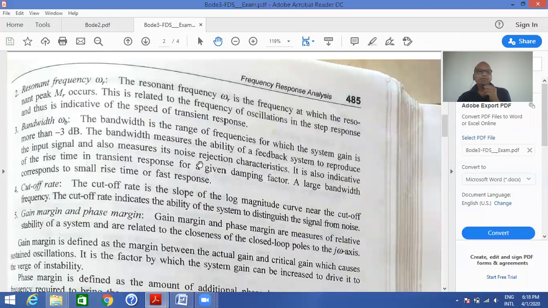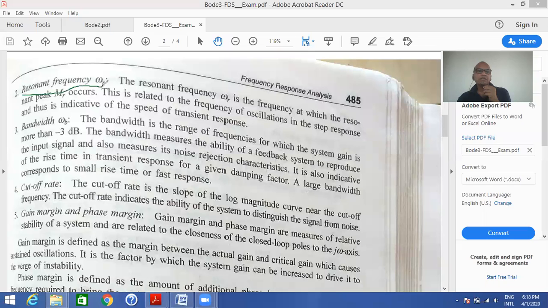Then second is the resonant frequency. The resonant frequency is the frequency at which the resonant peak MR occurs. They correlate to each other: the resonant peak is the maximum peak at omega equal to omega r, and the frequency at which the maximum peak occurs is known as the resonant frequency.